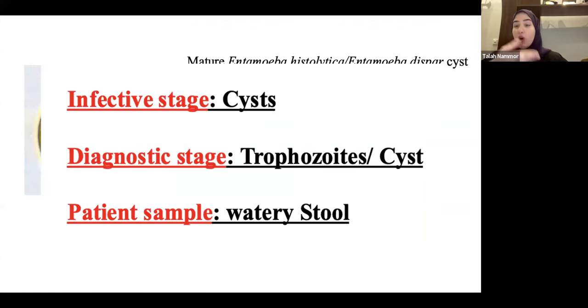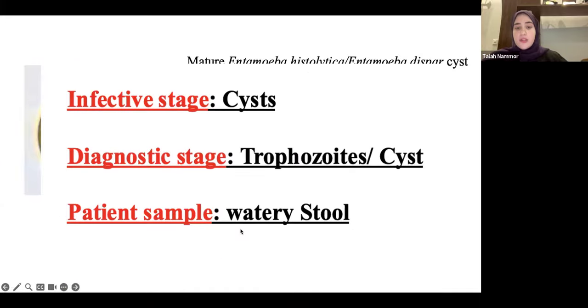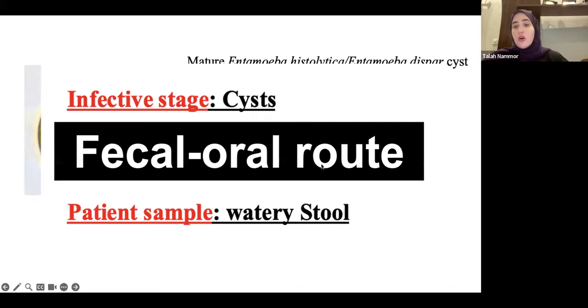So the cyst could be in water or anywhere, and if you ingested it, that's the infective stage. It will infect you, and for diagnosis we use either the trophozoites here or the cysts. Okay, and the patient sample is watery stool and the route is fecal-oral.